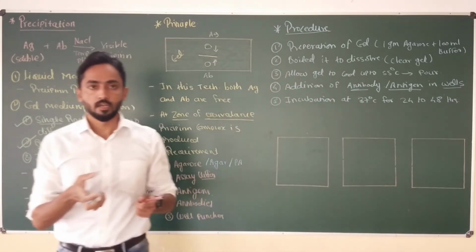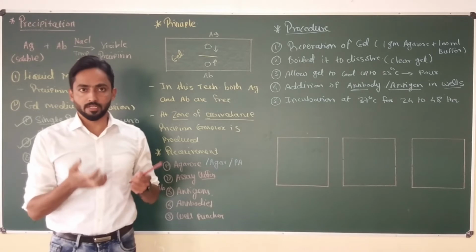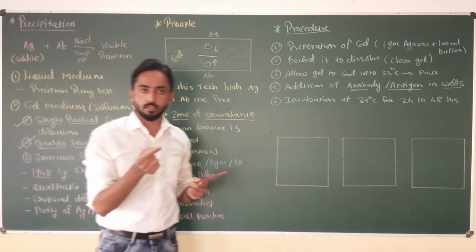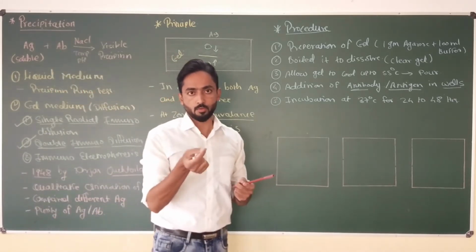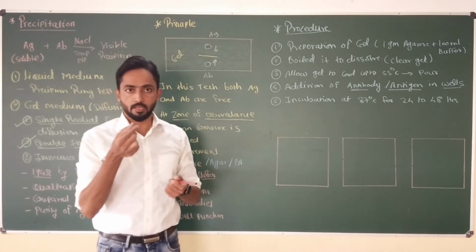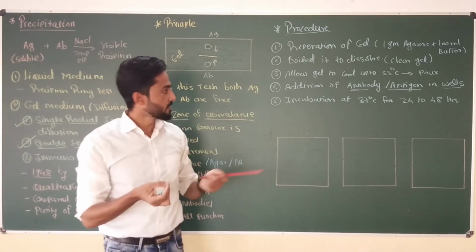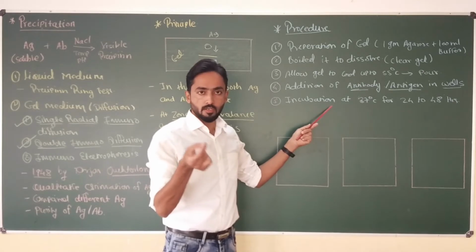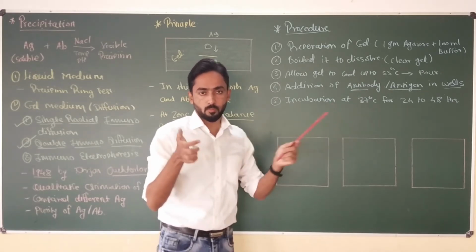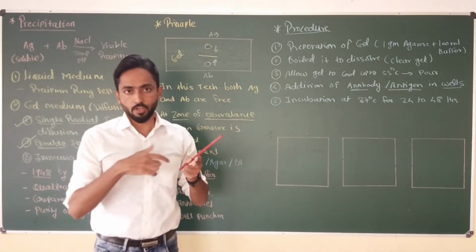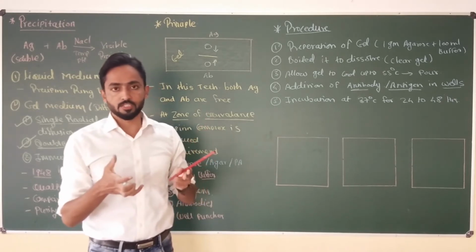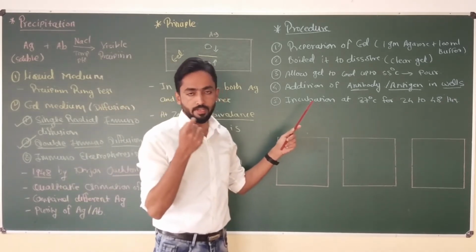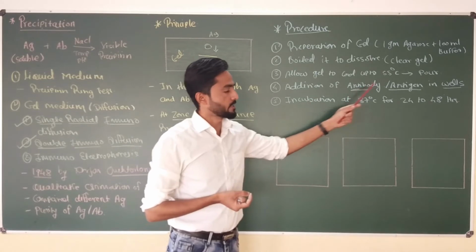I have discussed how to prepare a moist chamber in the lab with the help of cotton and glycerol balls. The cotton ball soaked in glycerol maintains the moisture of the incubation chamber, and this moisture is very important for the reaction of antigen and antibody.